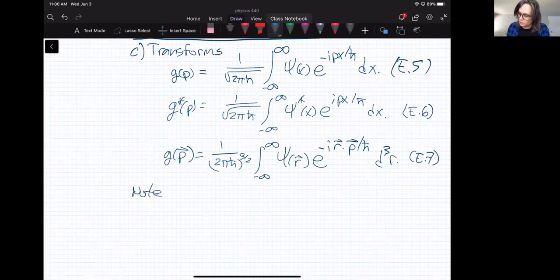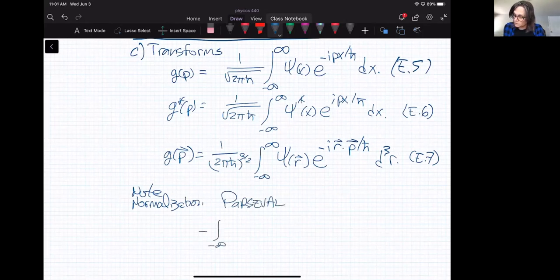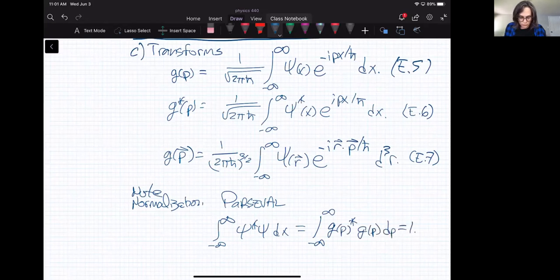For normalization, we use the Parseval relation. That is the integral from minus infinity to infinity of psi star psi dx is equal to, sorry, that's not a minus, is equal to the integral from minus infinity to infinity of g star of p g of p dp is equal to 1.